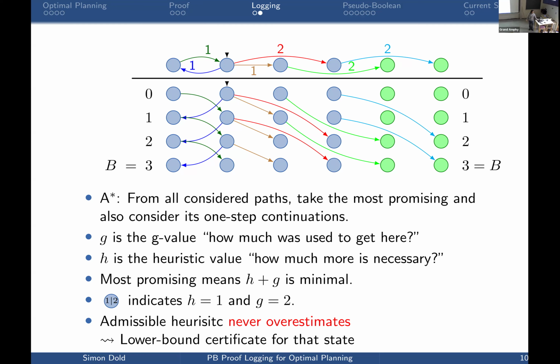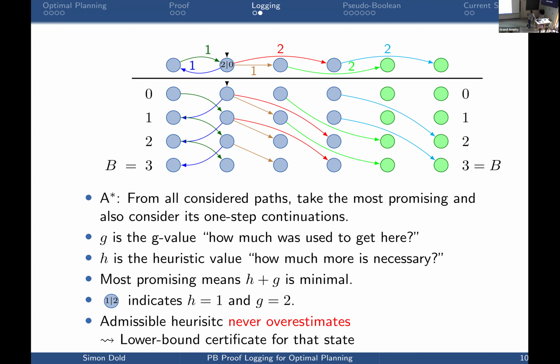Okay, so let us play this out in this case. So in the very beginning, we look at all the considered paths, and we start with the empty path starting from the initial state. And there we of course have a G value of 0. We didn't spend any resources yet.